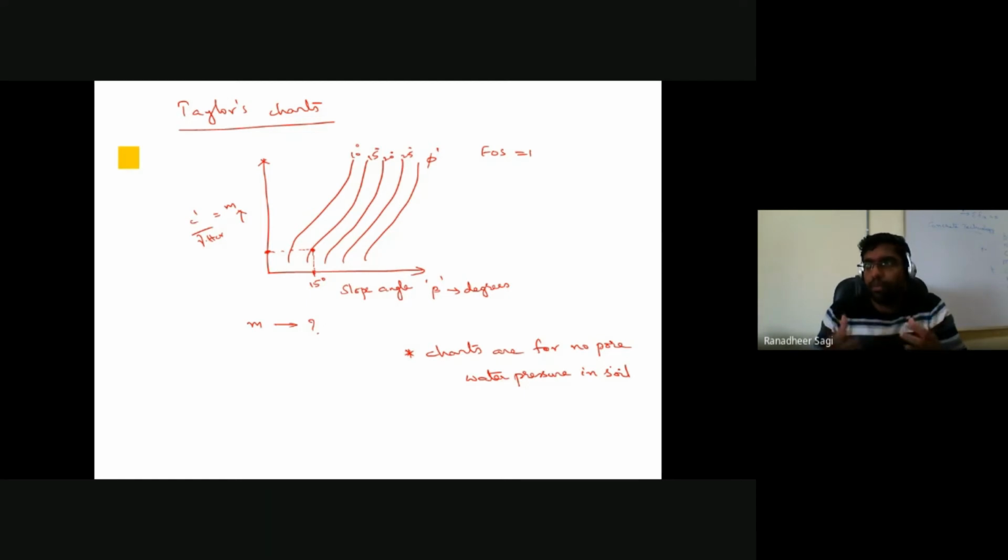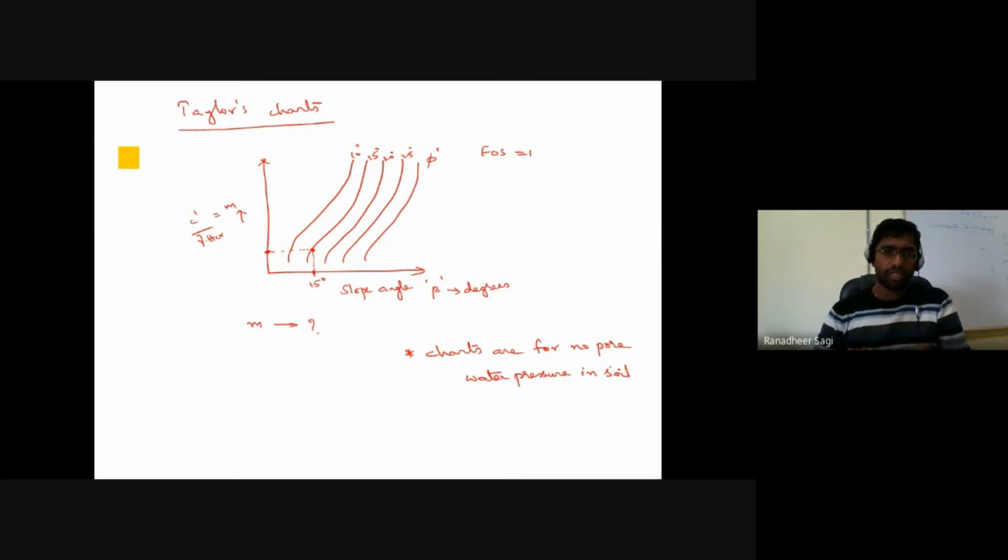As far as this course is concerned, we are going to stick only to some fundamental methods by which you can analyze your slopes. In literature you will find various other methods for analyzing a finite slope, like Morgenstern's method, Janbu's method, Spencer's method.